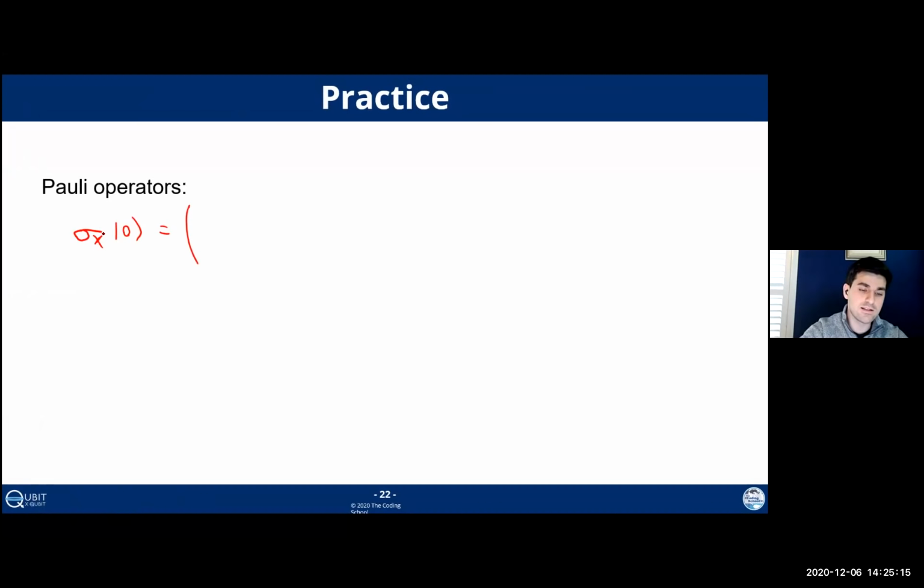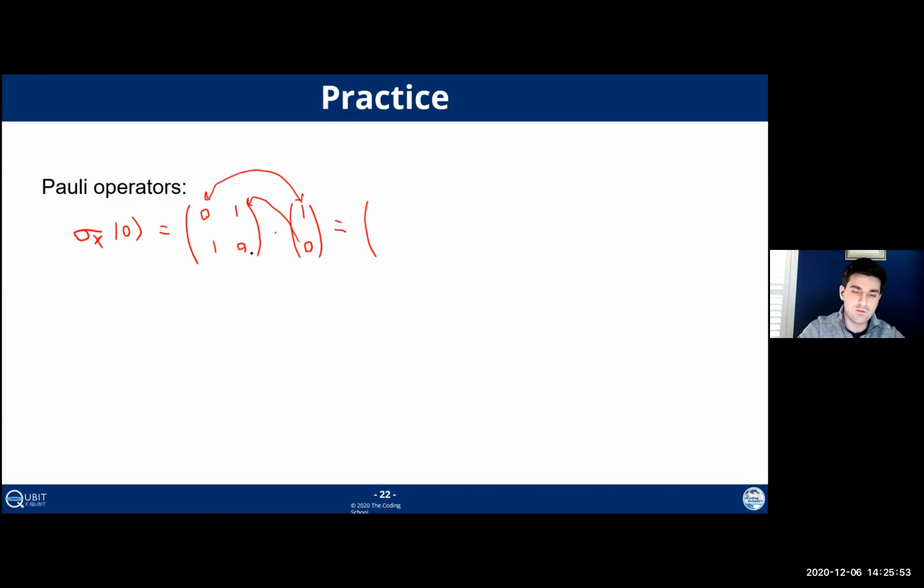So, okay, what I said is that the Pauli X operator is 0, 1, 1, 0, and then the 0 state is 1, 0. Now I have to multiply a vector by a matrix. The output is going to be a column vector with 2 entries, and the first entry is going to be 1 times 0, plus 0 times 1, which just gives me a 0.